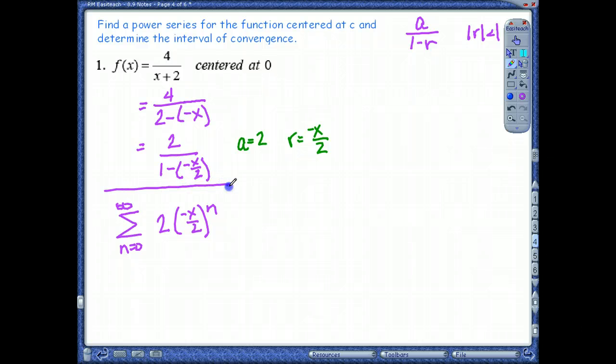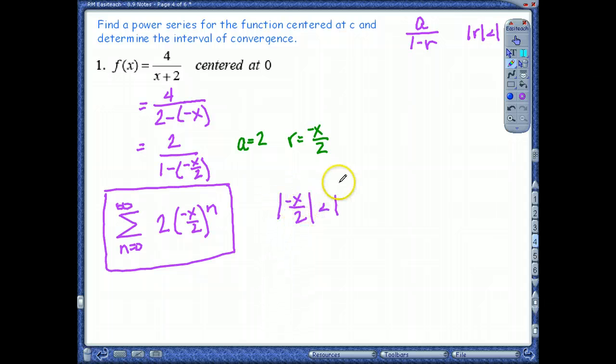Now I've got to find that interval of convergence. Well, I know that if the absolute value of r is less than 1, I'm a winner. We're all winners, but you know what I mean. So I'm going to have the absolute value of negative x divided by 2 less than 1. Well, we know that the absolute value of negative x over 2 is the same thing as the absolute value of x over 2, so if you want to go ahead and do that, you can.